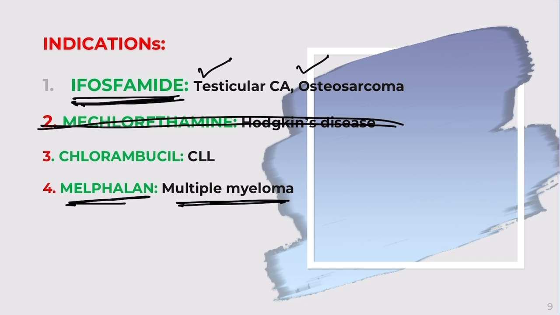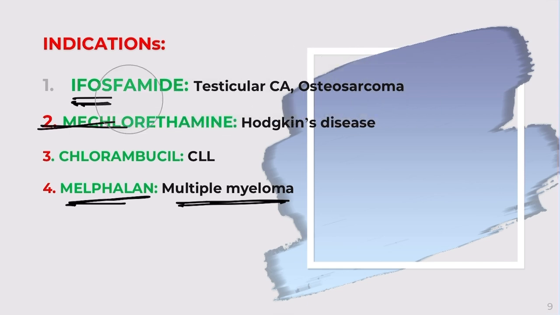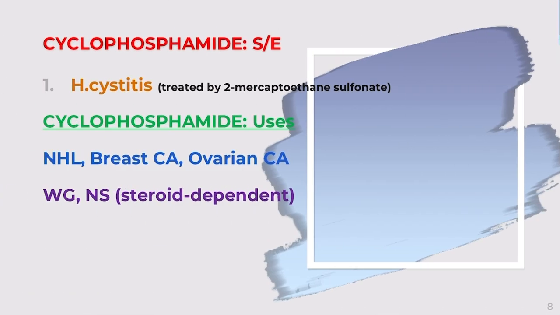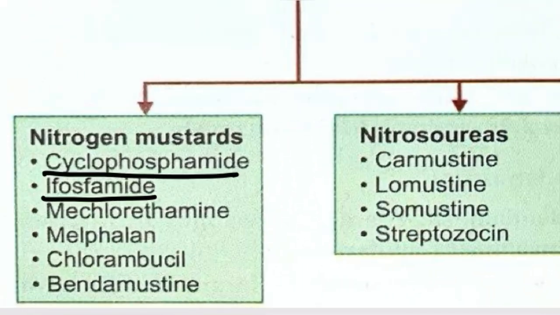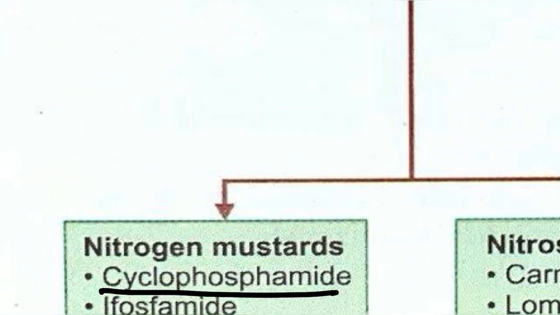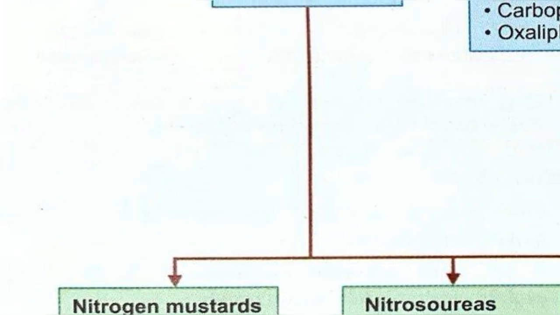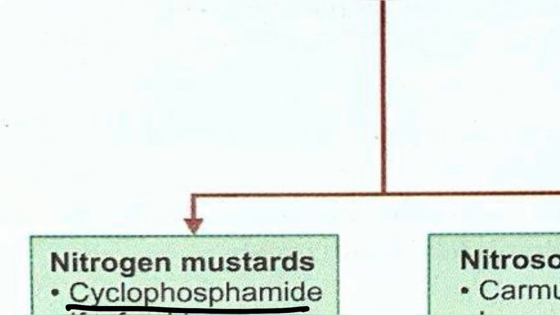Okay, and cyclophosphamide is used in breast carcinoma, non-Hodgkin's lymphoma and ovarian carcinoma. Apart from this, steroid dependent nephrotic syndrome and Wegener's granulomatosis. So from here I have told you 3 lines. Cyclophosphamide, overall alkylating agents, mechanism of action of alkylating agents, cyclophosphamide side effects, hemorrhagic cystitis treated with mesna.